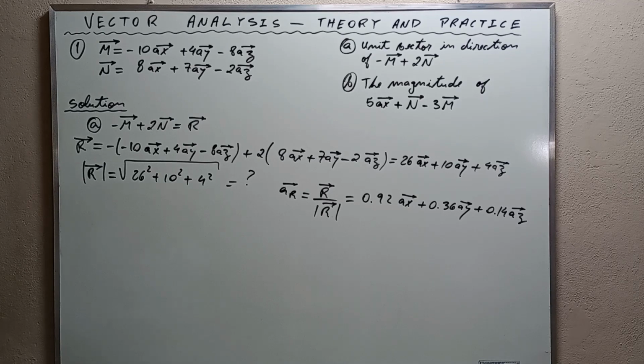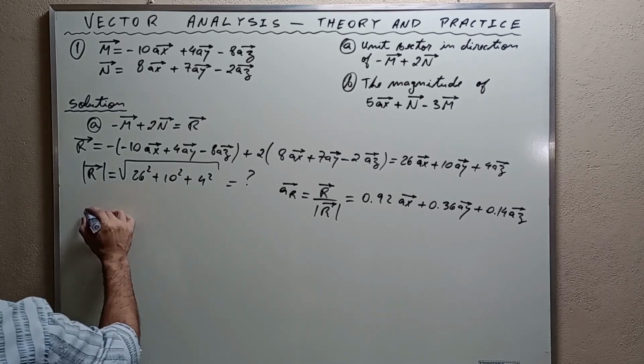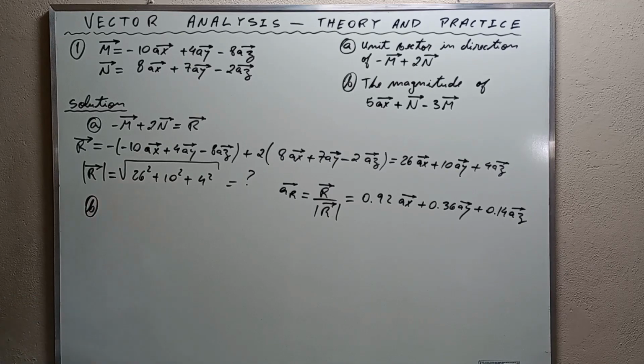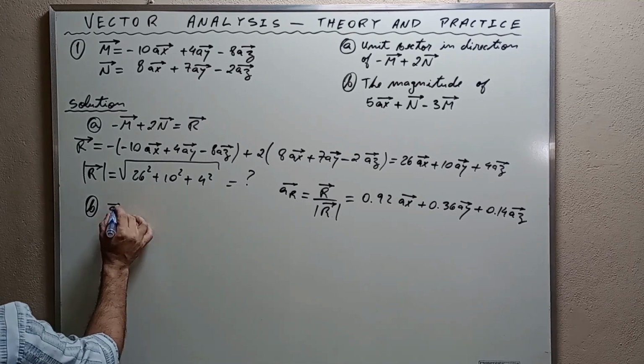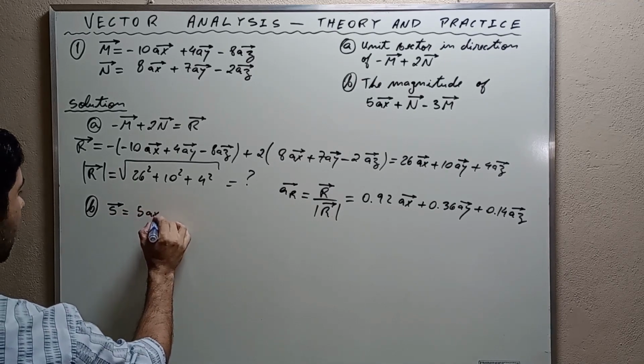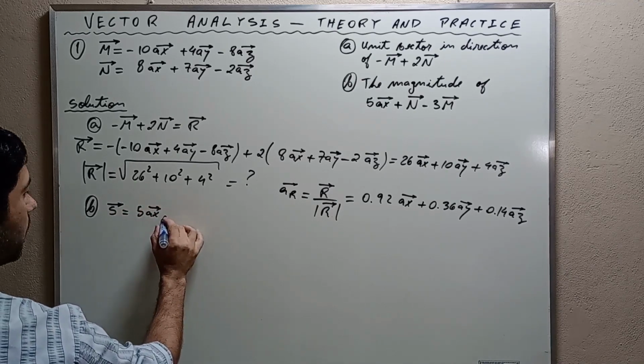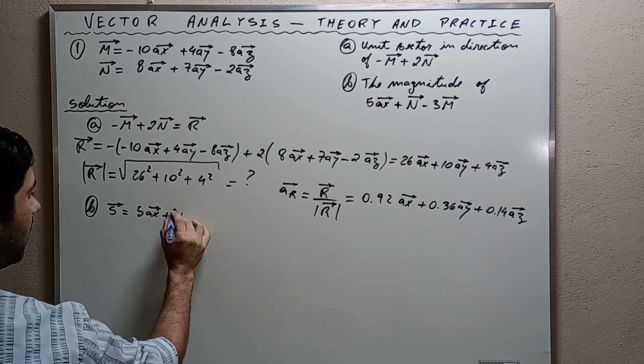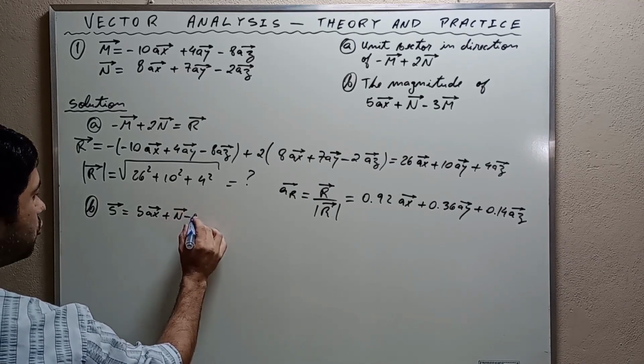Letter B now. Easy. The magnitude of 5ax plus n minus 3m. Let's call it S. Vector S is 5ax plus n minus 3m.